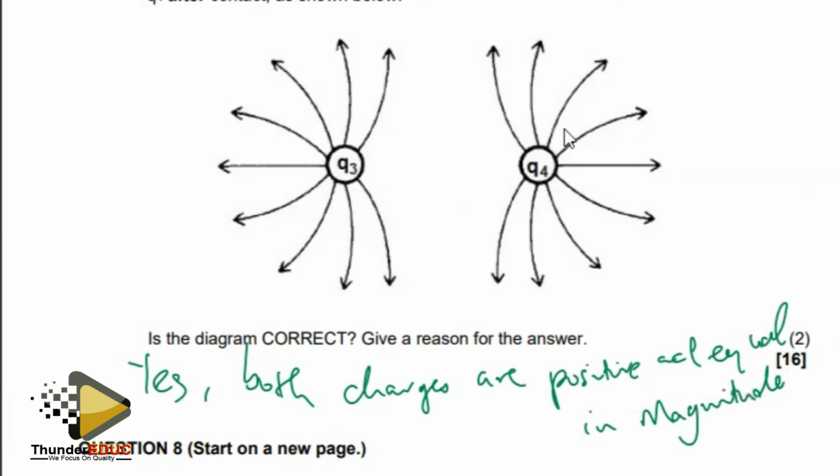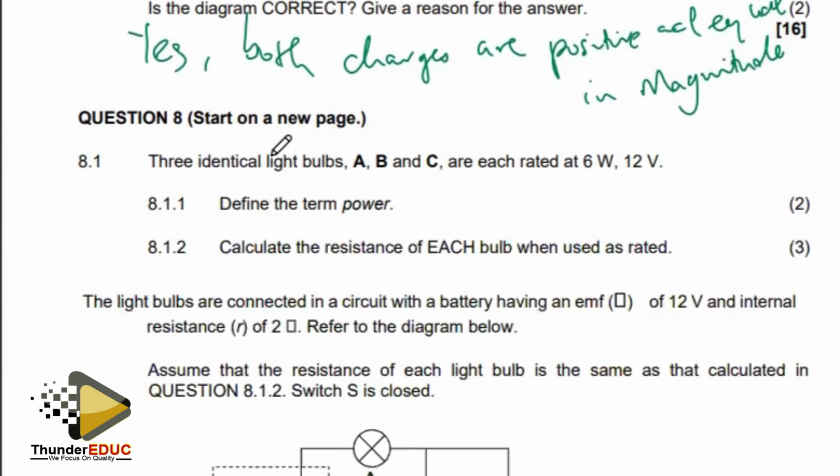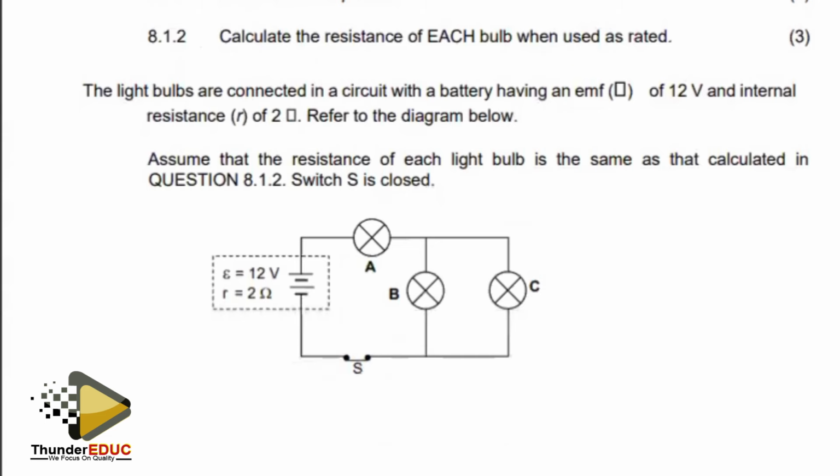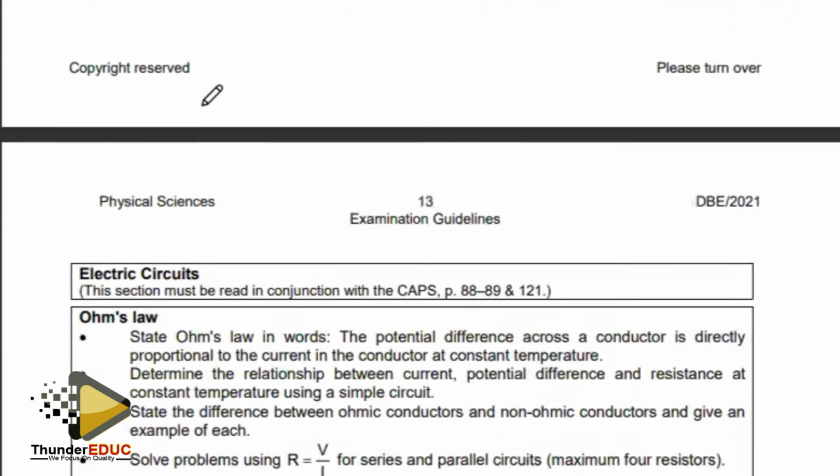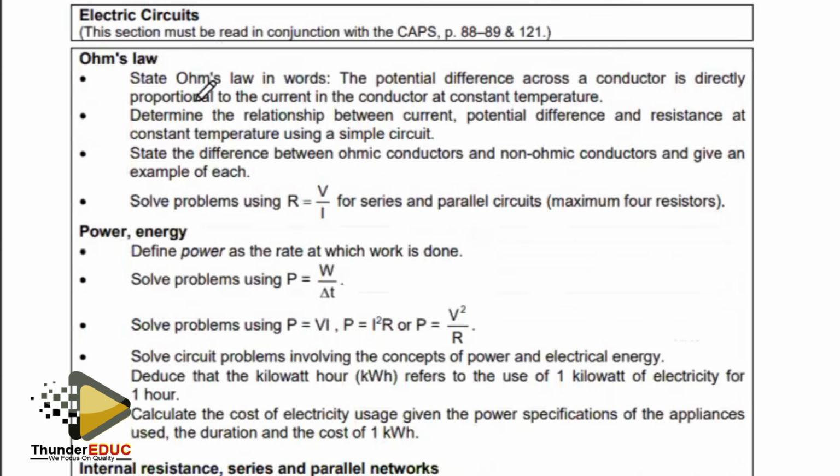All right. Then question number 8, which is electricity. In electricity, we just need to know about Ohm's law. How do we state Ohm's law in words? The potential difference across a conductor is directly proportional to the current in a conductor at a constant temperature. So this is important.